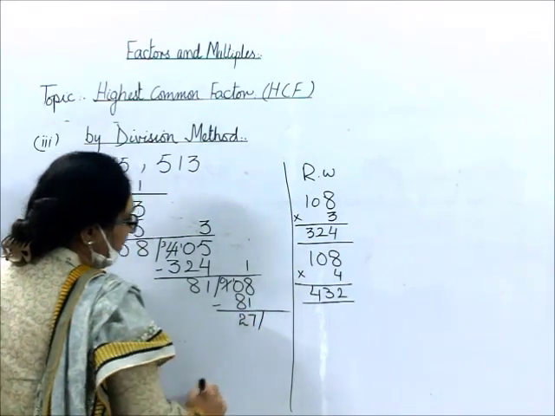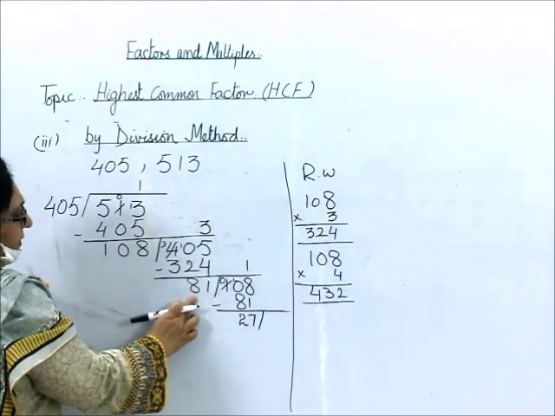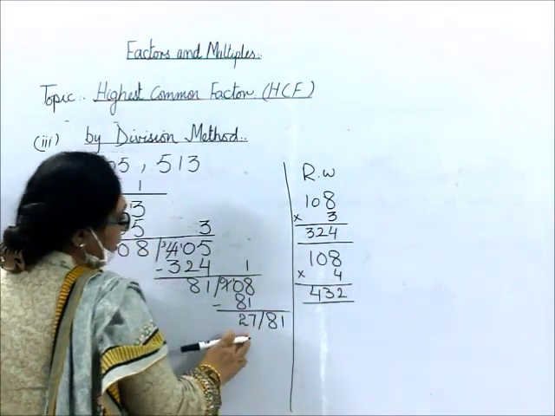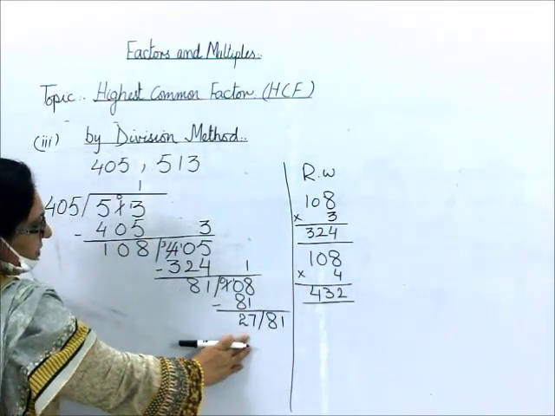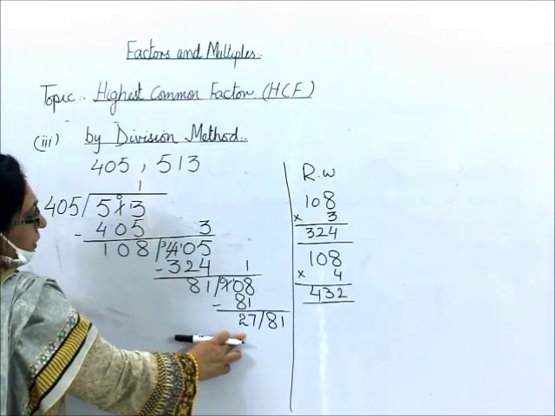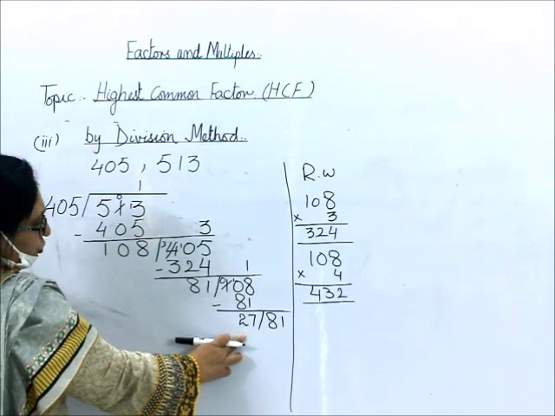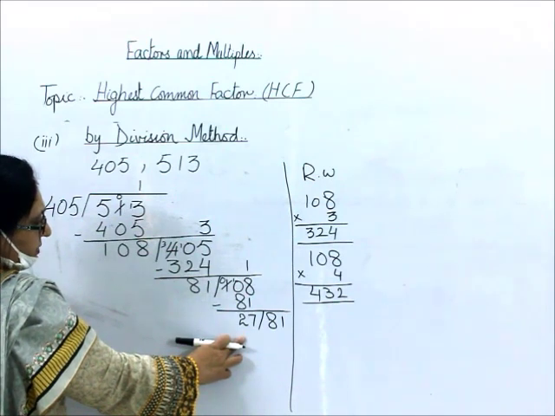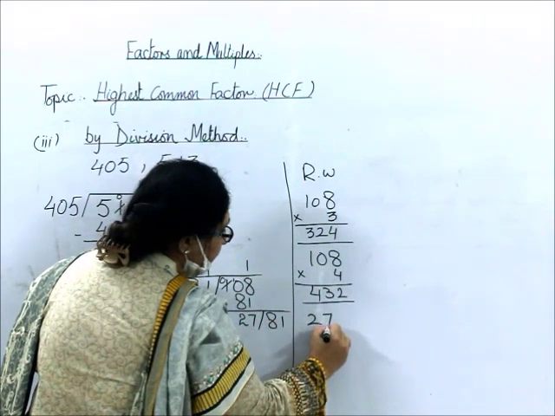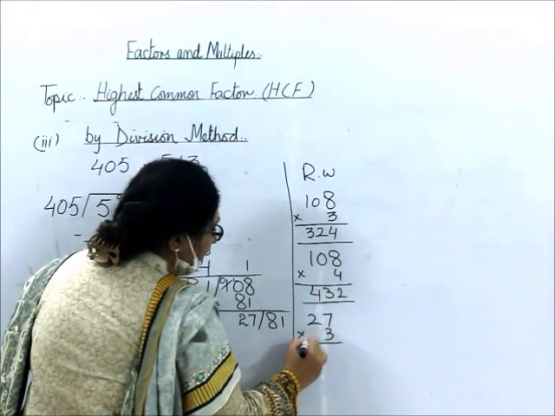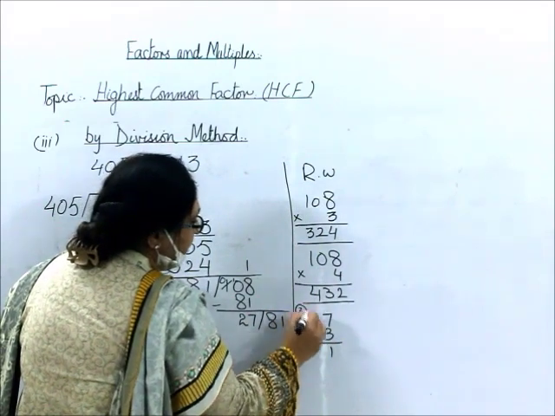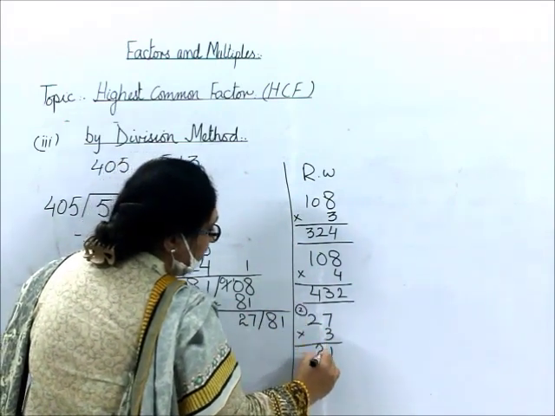Again we have to make a divider. And the previous divisor will become the dividend now. So here it is 81. Now children, you have to guess how many 27s are there in 81. Let's read the table of 2 to guess the correct answer. 2 2s are 4, 2 3s are 6, 2 4s are 8. So let's check 27 by 3 first. 3 7s are 21, 2 will be carried. 3 2s are 6 plus 2, 8.